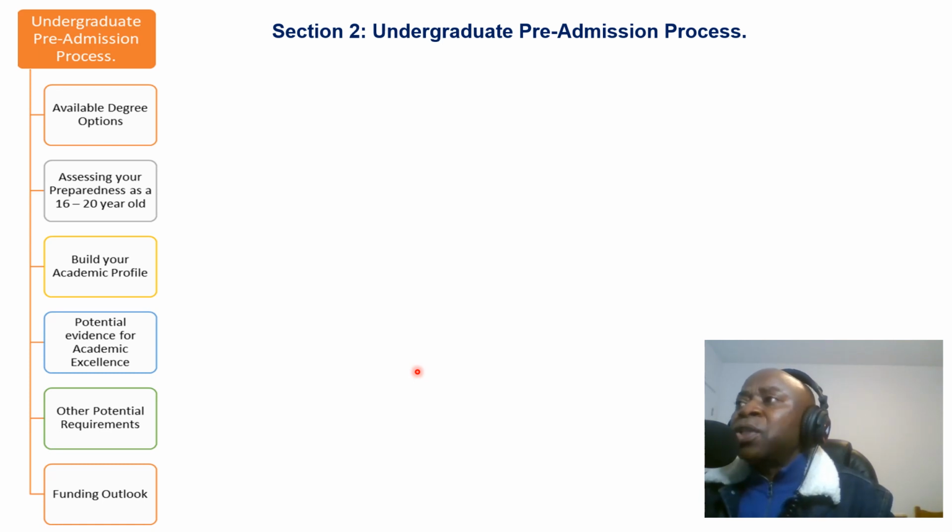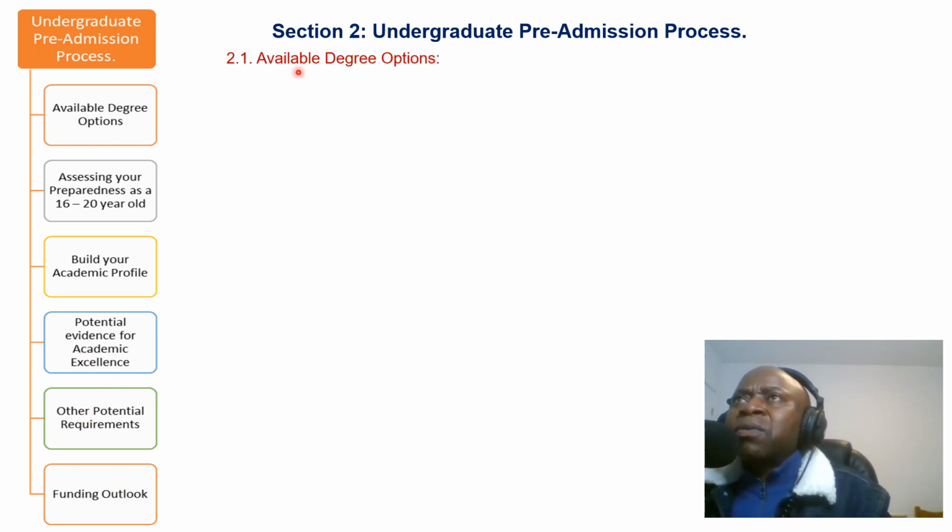What are the things you need to bring or to prepare before you start your application process? There are 6 of them we'll be looking at. Available degree options, assessing your preparedness, build your academic profile, potential evidence for academic excellence, other potential requirements, funding outlook.